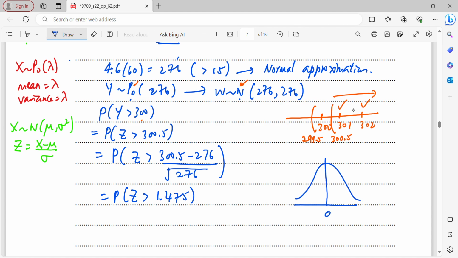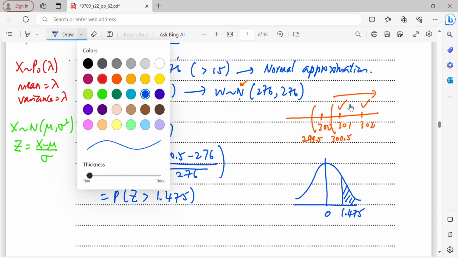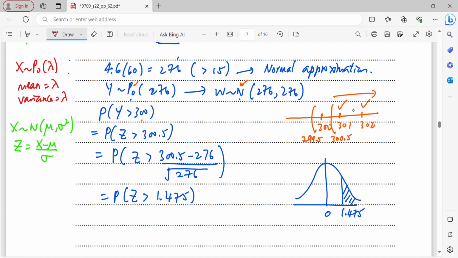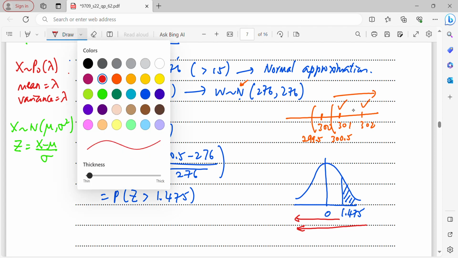Okay, so when more than 1.475, then I need to draw the graph. Middle is 0. So 1.475 is on the right hand side. And this is greater than. Therefore, the region is towards the right side. Now, the normal table always shows the region towards the left hand side. Therefore, I have to use 1, which is the total area, minus the region which is less than 1.475. That will be greater than 1.475.